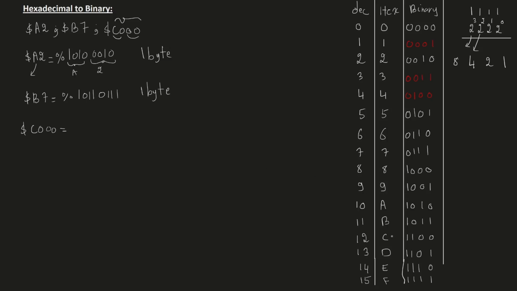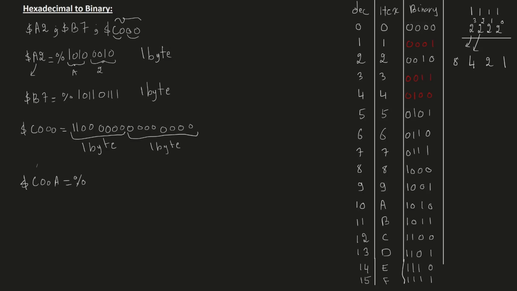C in binary is 1100, and then 0 is 4 zeros, and then we have this 0 here, 0000, and then another 0000. If we count this, that's 16 bits. This is 1 byte, and this is 1 byte. Let's take C00A, for example.